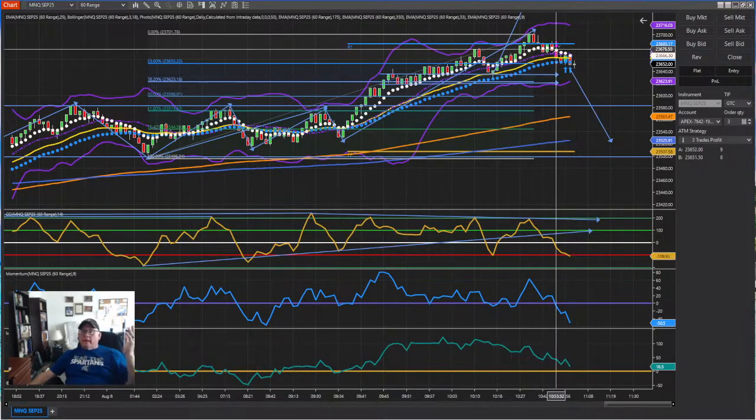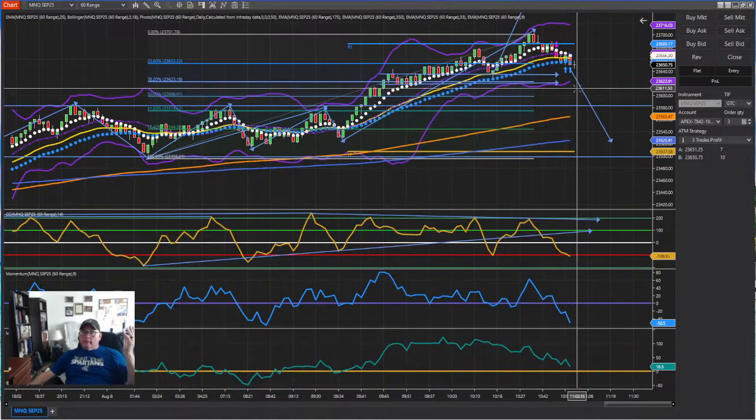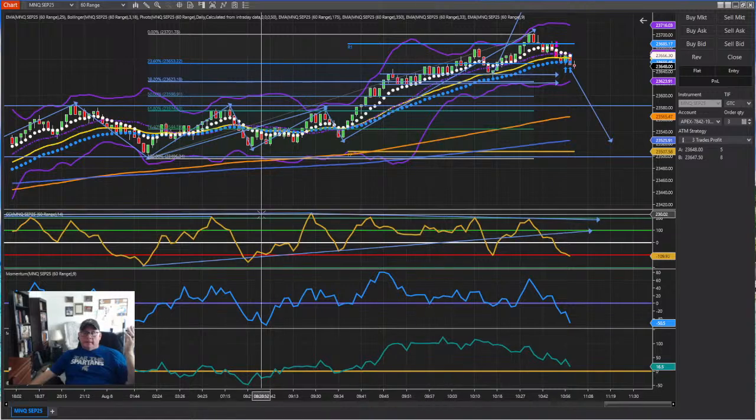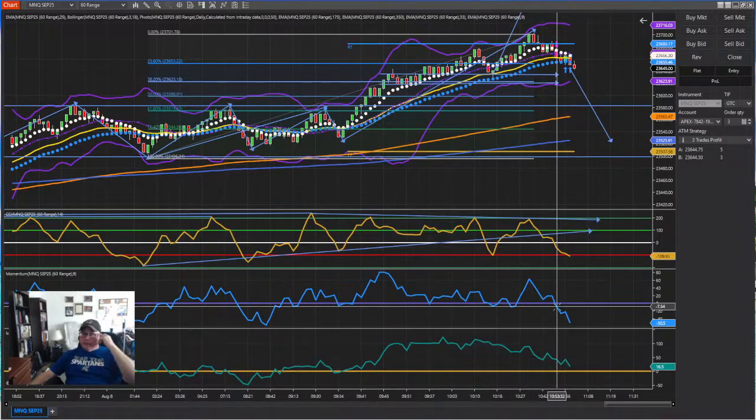What I didn't like about the short trade is it didn't escalate quickly down. But it did hold. Everything held. This is below the zero line here, below the zero line here. It was a good trade, buy, or sell point. I like the sell point.